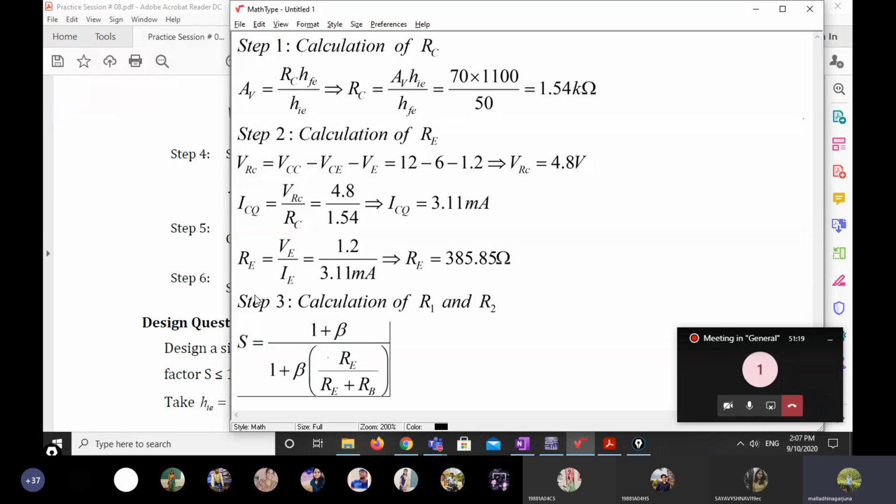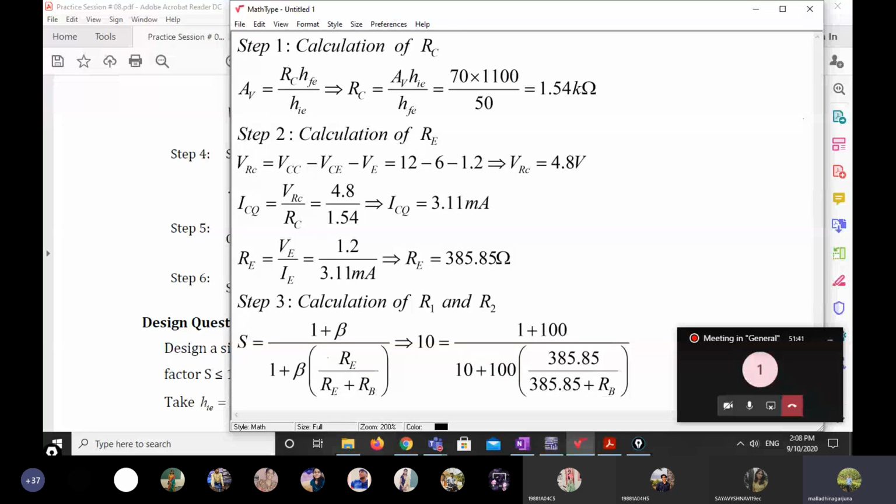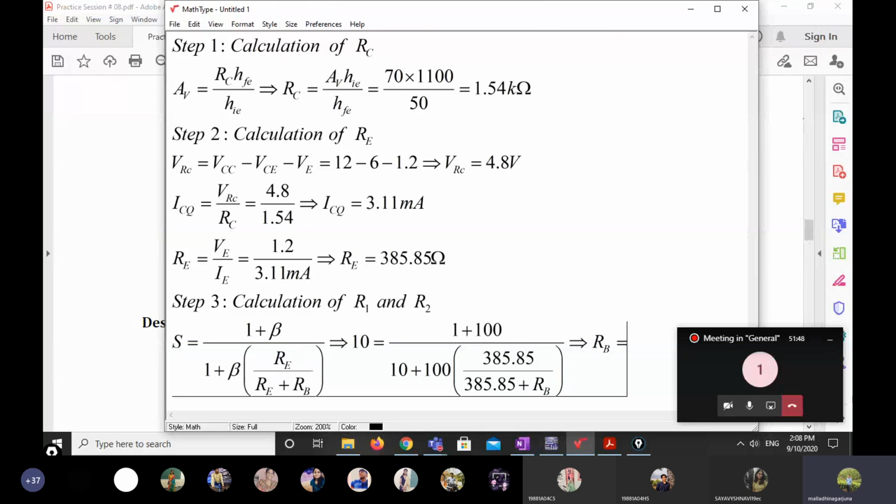So the stability factor is 10, given, so 1 plus 100 divided by 1 plus 100. Okay, so RE is 385.85 divided by 385.85 plus RB. What is the answer? RB.